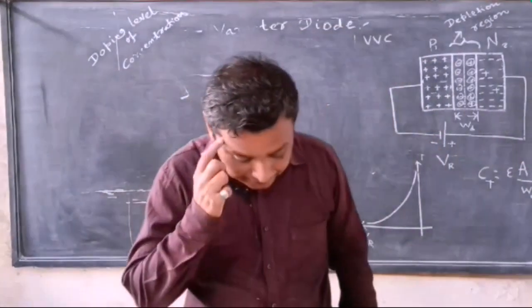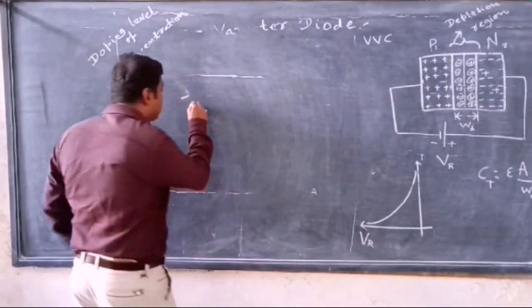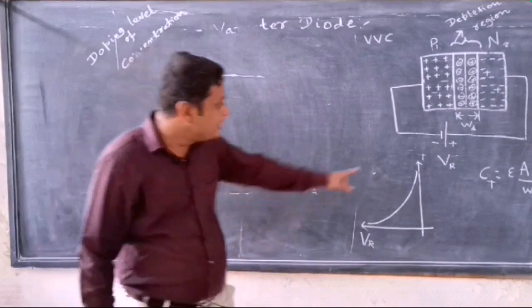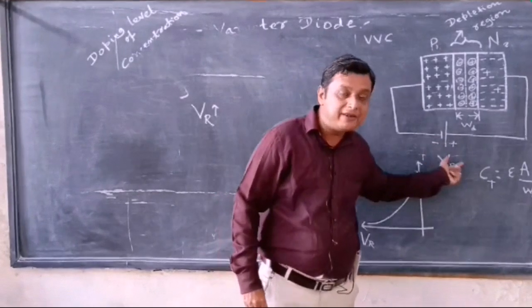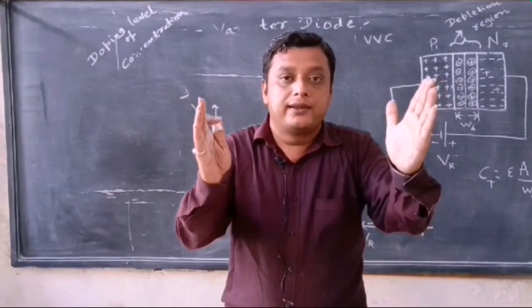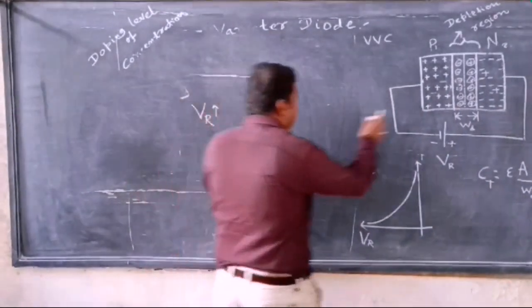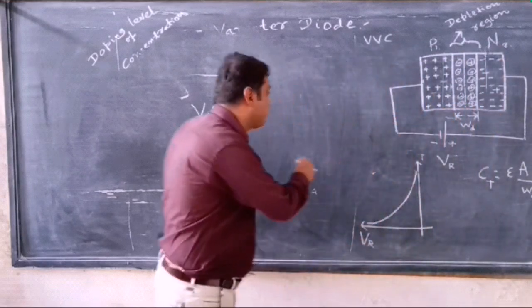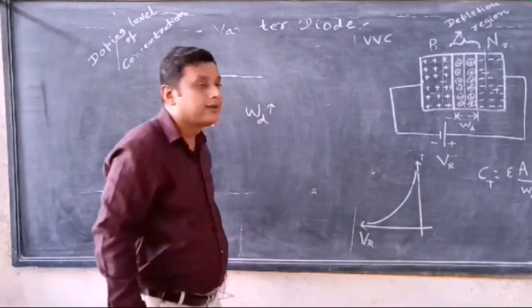Now what happens if I increase the reverse voltage? If I am increasing the reverse voltage, then the depletion barrier starts to increase. So WD will also increase.